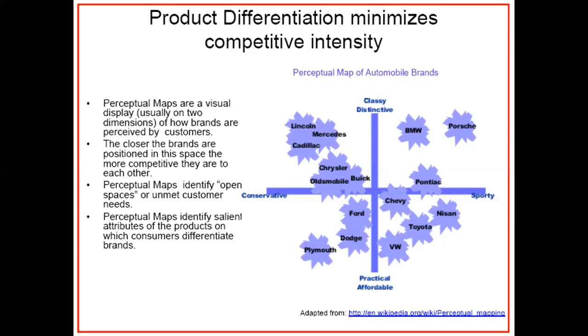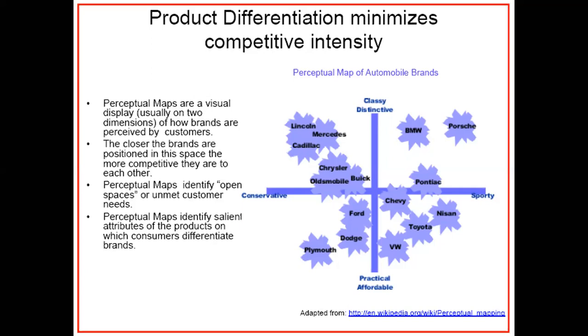As you could see, product differentiation minimizes competitive rivalry. For that matter, we have developed a perceptual map of automobile brands. It is said that perceptual maps are a visual display, usually on 2 dimensions, of how brands are perceived by customers. Strategic group mapping is also on 2 dimensions. And over there, we discussed how the companies are differentiated from one another.